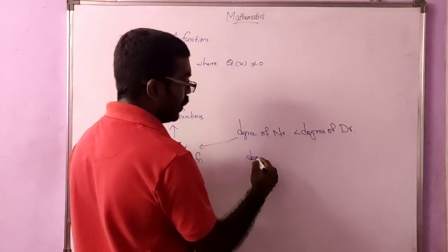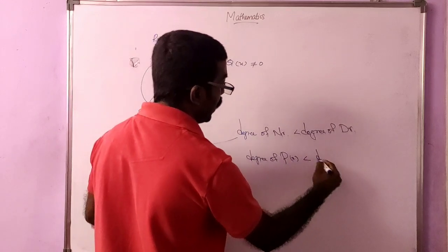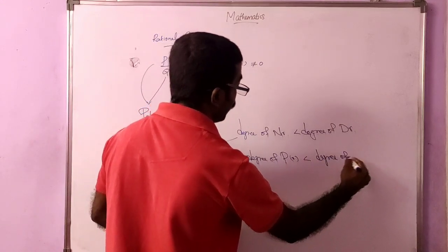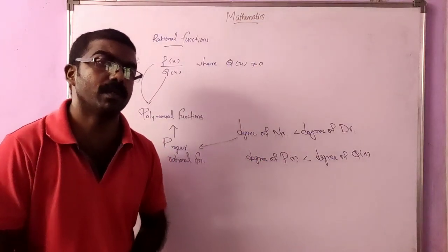Here the degree of p of x is lesser than the degree of q of x, and we call it a proper rational function.